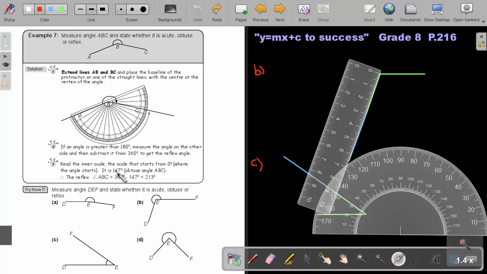So it's 147, but remember this is this angle, not that outside. So I take 360 and subtract 147, and that brings me to an angle of 213 degrees.